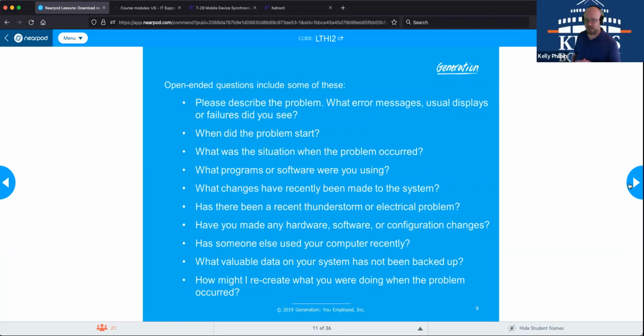Excellent. So you see, all of these don't lead to yes or no questions. They have to actually tell you what they're experiencing. And we want to know what's changed. Were there updates done to every system last night, and it just so happens yours is the only computer affected?